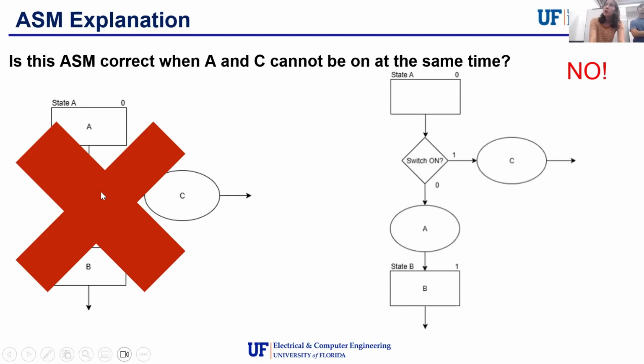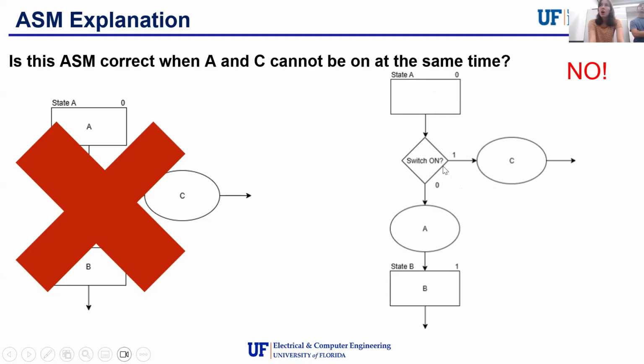Now what we're showing is an example of a correct ASM that displays the behavior we're trying to show. You can have one of these rectangular boxes with nothing inside of it, because this just represents a state where all of the outputs happen to be false. And so if we're at state A, then we check the conditional. If the switch is on, then C will immediately be output.